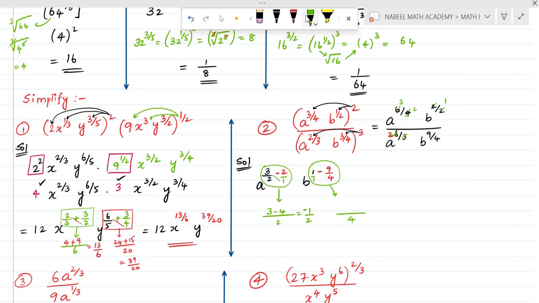This is 4, cross multiply, you will get 4 minus 9, which is equal to minus 5 over 4. So the final answer will be a to the power minus half, b to the power minus 5 over 4. Since both are negative powers, I will bring them down. You will get a to the power plus half, b to the power 5 over 4. That's it.